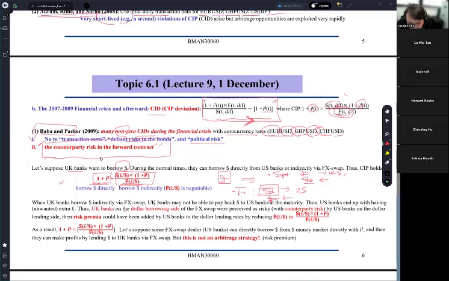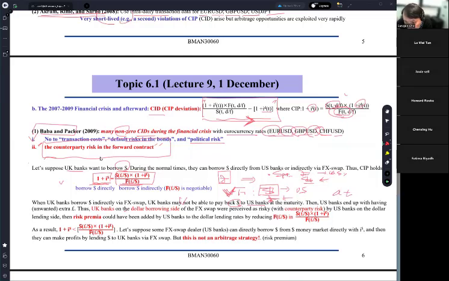Let's say UK banks may not be able to implement this forward price at maturity. So UK banks may not be able to pay back dollars to US banks for a certain reason. During crisis time, there was a global dollar shortage issue. So maybe this is the realistic case. Then US banks end up with unwanted extra pounds, because the US banks get pounds at the spot and couldn't get the dollars back at maturity.